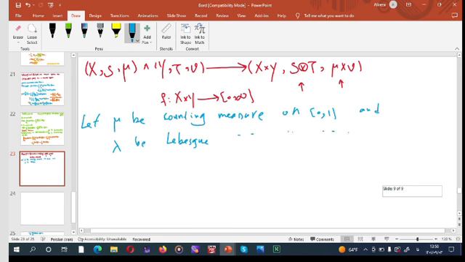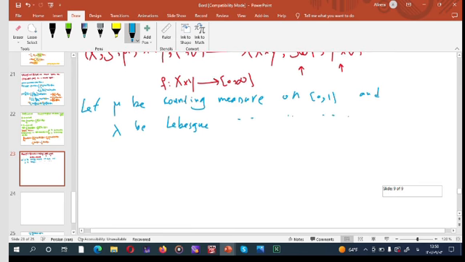D equals the diagonal of this product space, the set of (x, x) with x belonging to [0, 1].